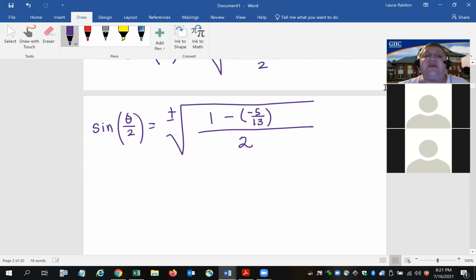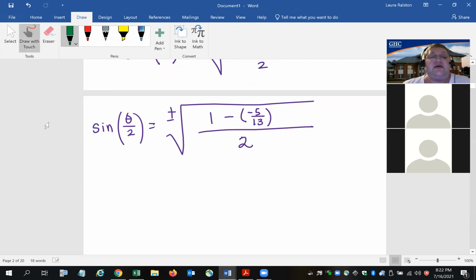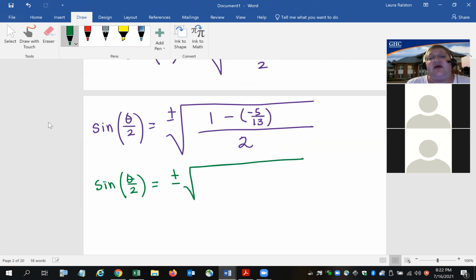And then I have to do the math, okay? Sine of theta over 2 is plus or minus the square root. You've got 2 in the denominator. You've got minus a minus. I hope you realize that becomes a plus 5/13. 1 whole would be 13/13.